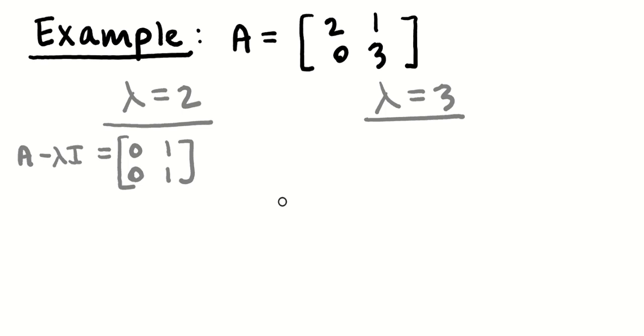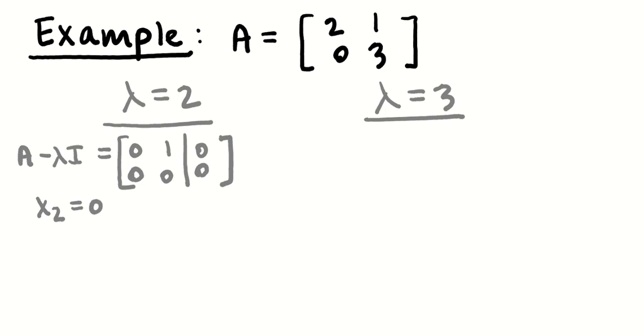And now I'm going to work on finding the null space of A minus lambda I. So if I wanted to find the null space, I would augment with the 0 vector and row reduce. Okay, so that's not going to be too hard to row reduce. I'm going to just have that. And this is telling me that 0x1 plus 1x2 is equal to 0.